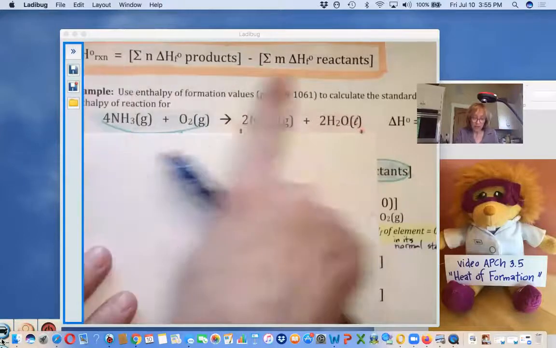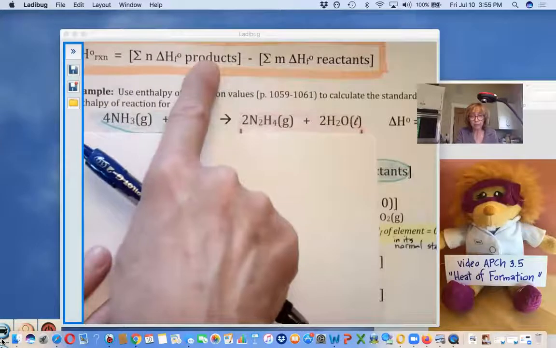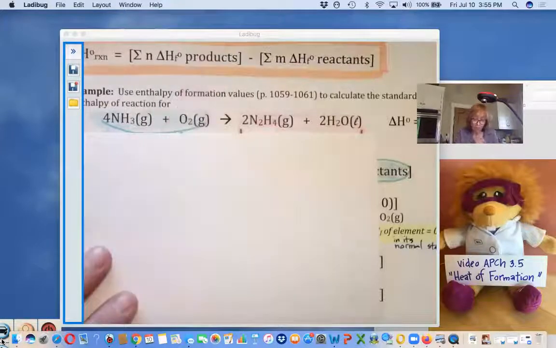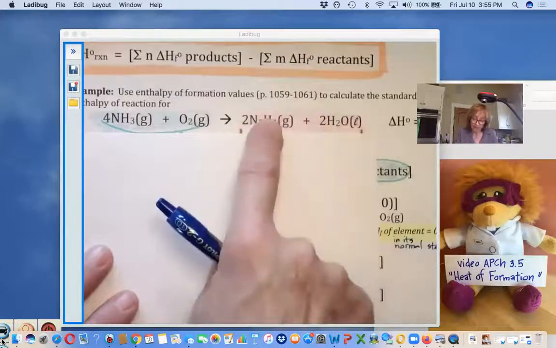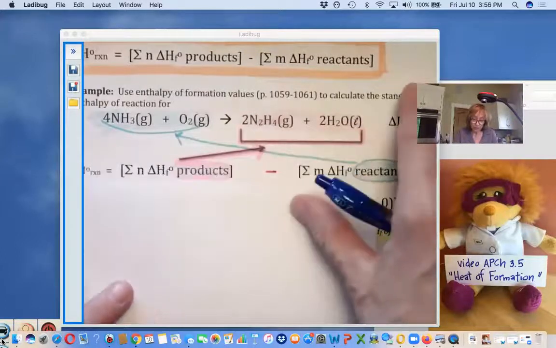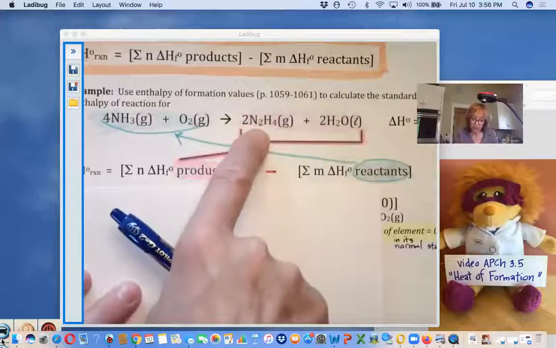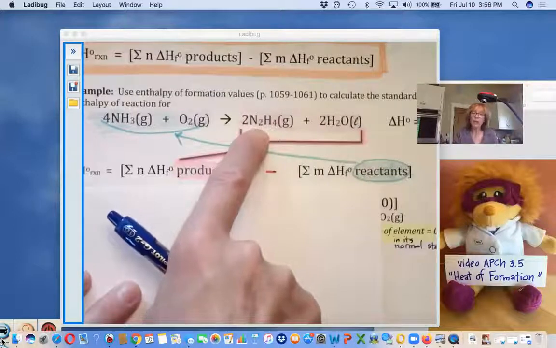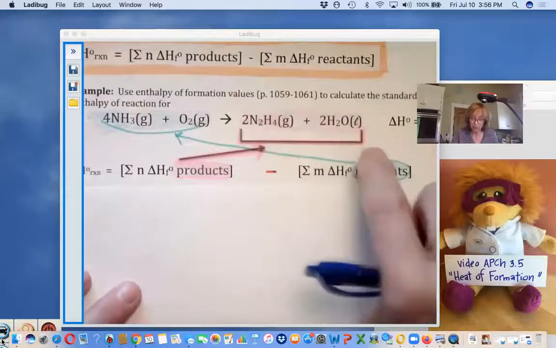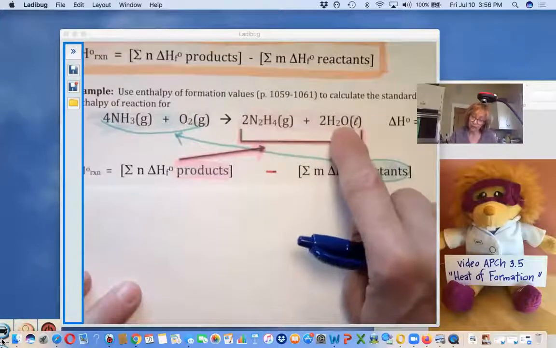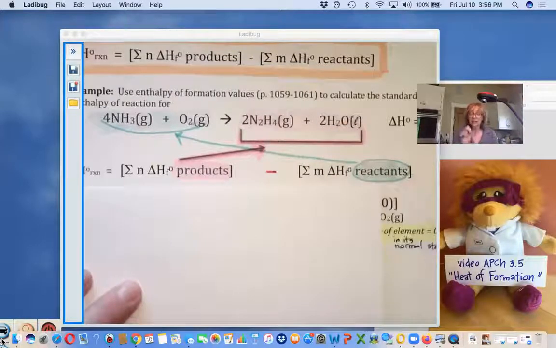Using this equation, I'm going to focus first of all on products. So my products are these 2. I'm going to go to my index in the back of the book, and I'm going to look up the heat of formation for N2H4, and I'm going to look up the heat of formation of H2O. Now, your table will list H2O liquid and H2O gas, and they each have their own heat of formation values.